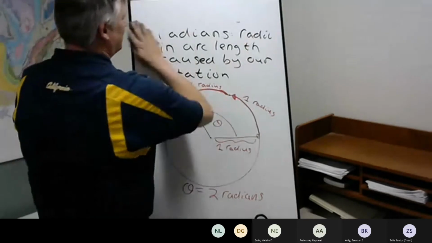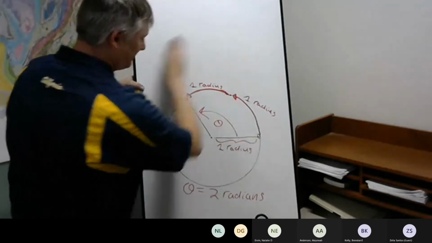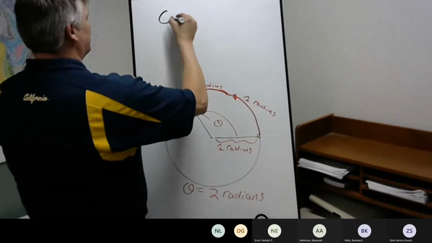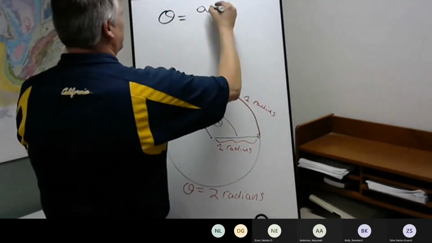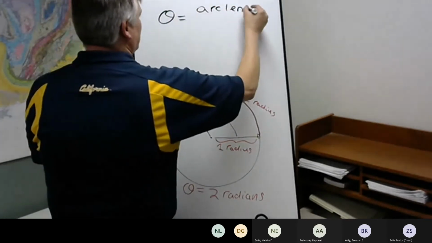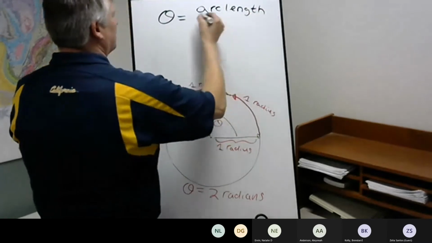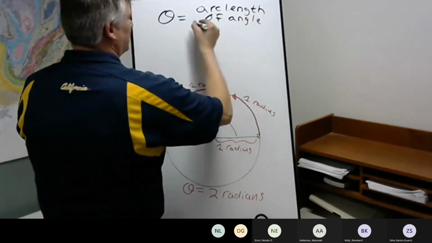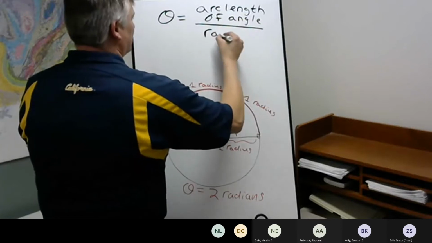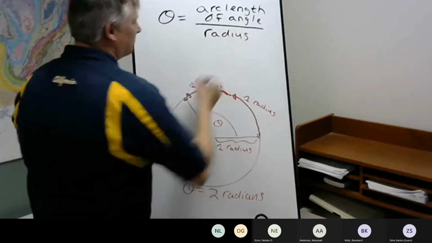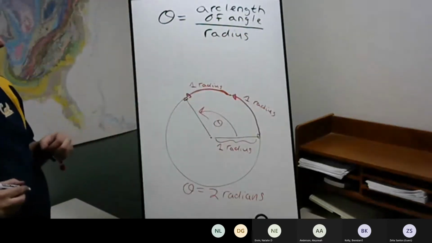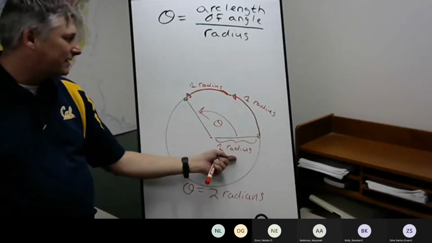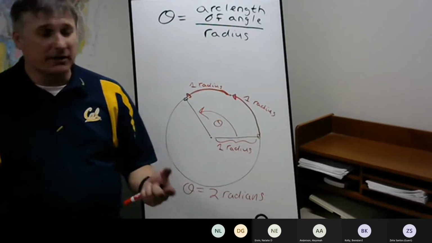Now there's a relationship here. That means theta is the arc length of the angle divided by radius. So we take this arc length, we divide it by the radius, and that's how we get theta.